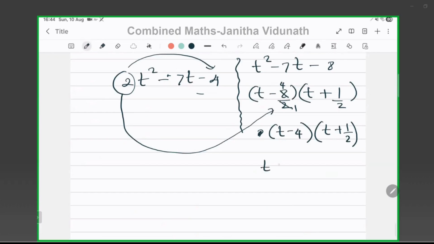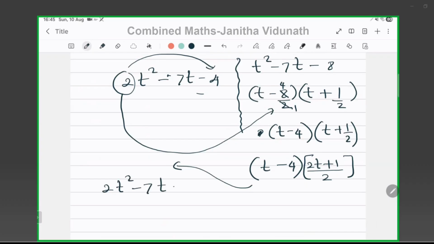Then we get t minus 4, and with the common denominator, 2t plus 1. Then we get the factors of 2t square minus 7t minus 4 as t minus 4 and 2t plus 1.